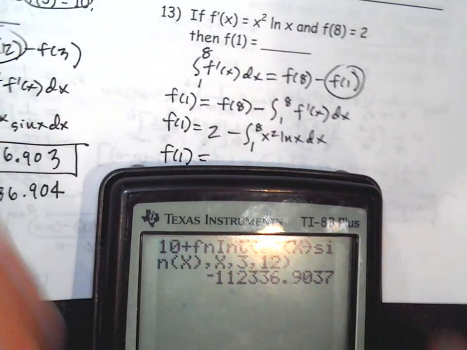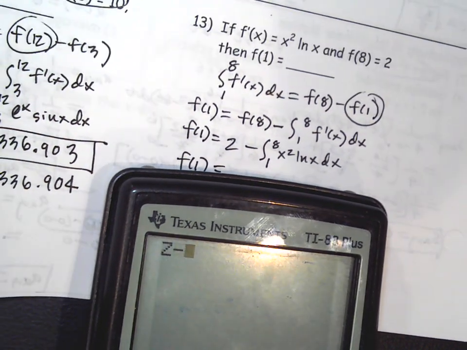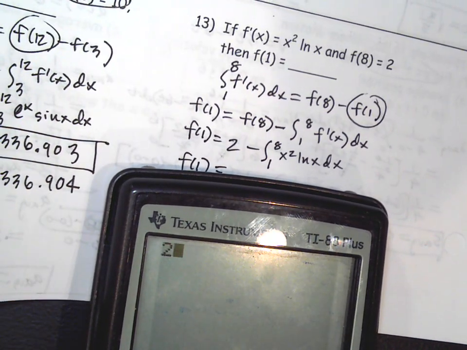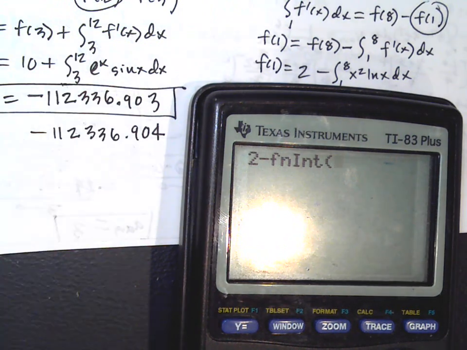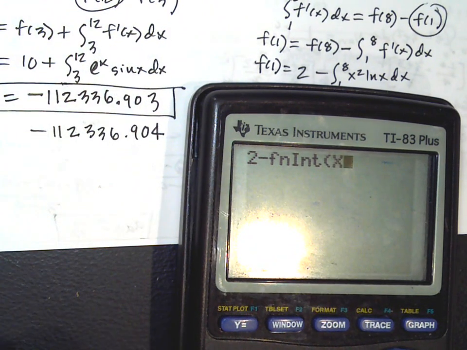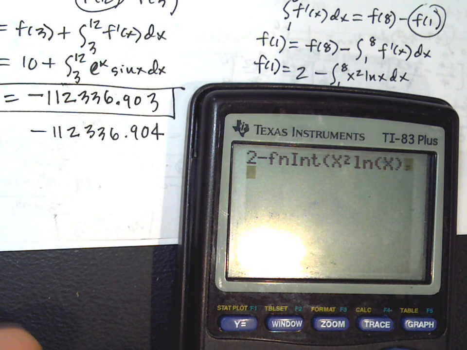So let's see. We're going to do 2 minus math 9, x squared natural log of x, close parentheses, comma x, comma 1, comma 8.